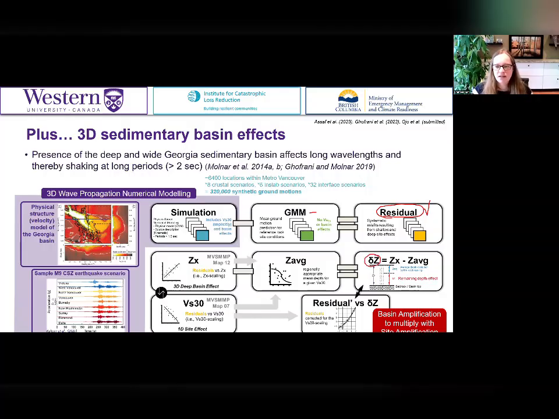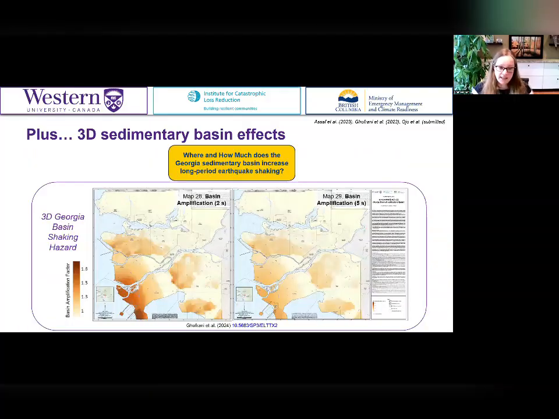It depends on the average depth of the basin at that location. So we find out where we should put basin amplification and how much through this process. In the end, we end up with our final 2 maps, 28 and 29, that are showing the amplification due to basin effects in Metro Vancouver. One thing is that the maximum is around 2.